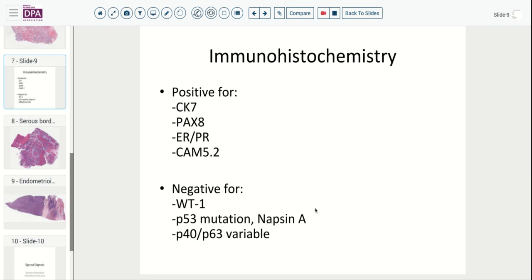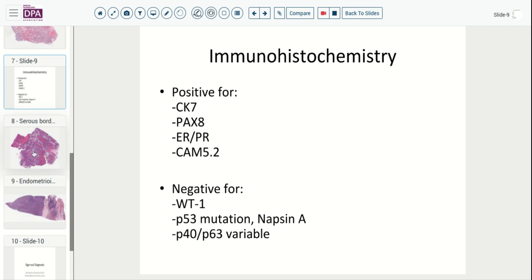There are clear cell lesions of this type that may be mixed in, but in the absence of seeing any, we would certainly not want to classify it as a clear cell lesion. And of course, with the squamous metaplasia, our P40 and P63 markers could be seen variably.